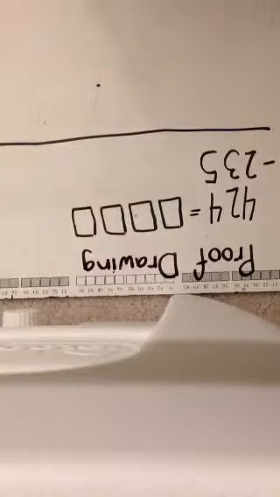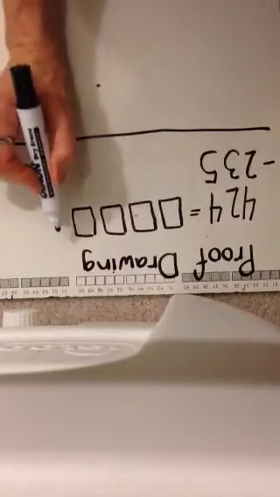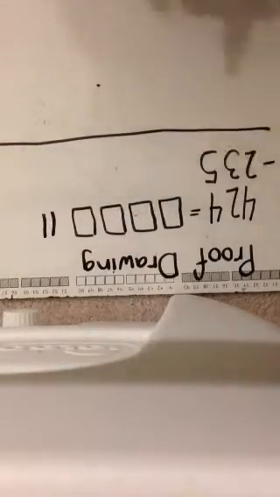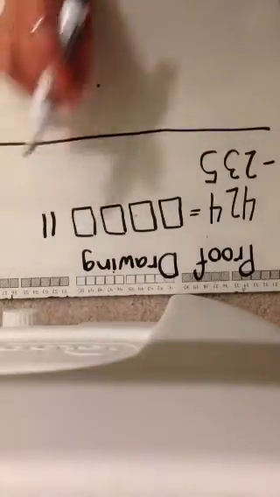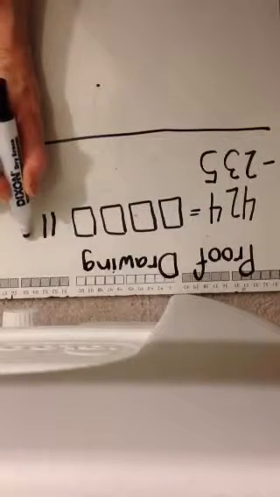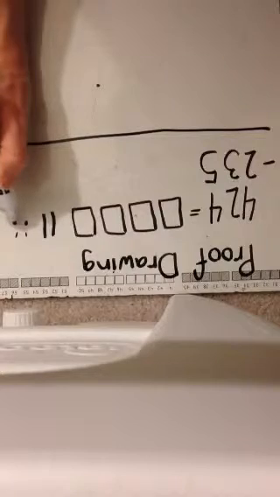Our next step is to find out how many sticks, which are tens, in 424, which would be 20, and that would be 2 sticks, 10 and 20. Now we want to know how many stones, which are ones, in 424, which would be 4. 1, 2, 3, 4.